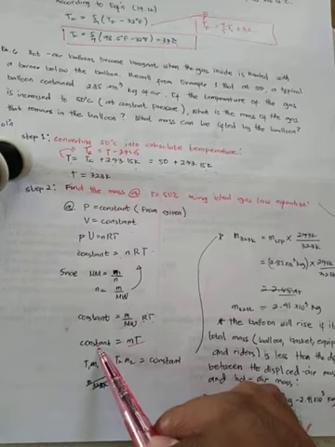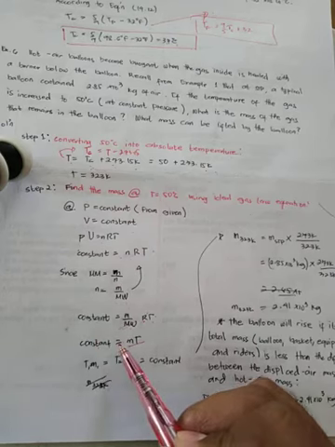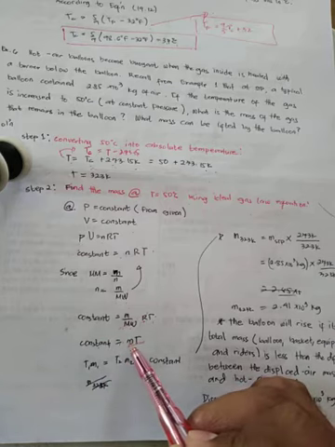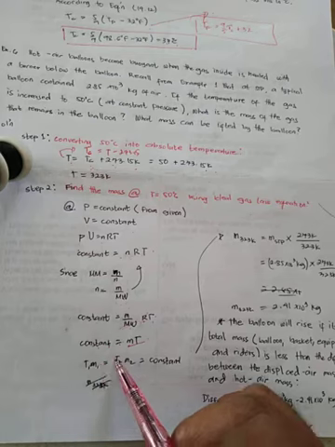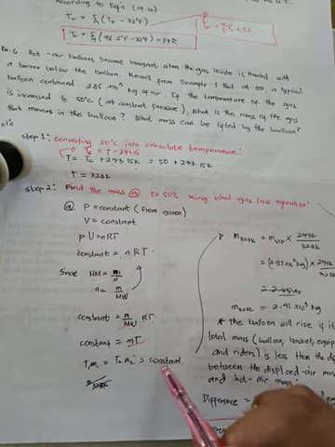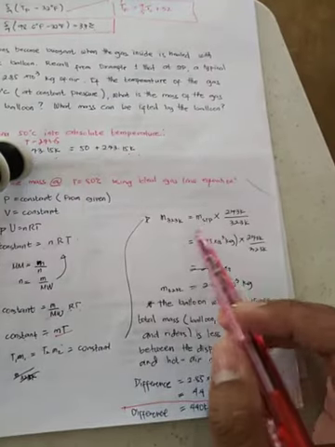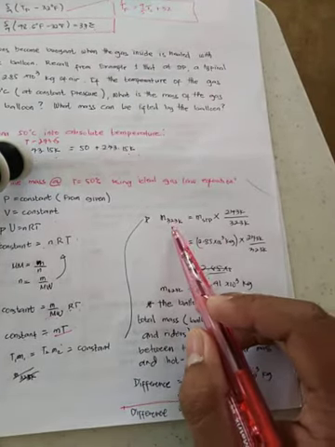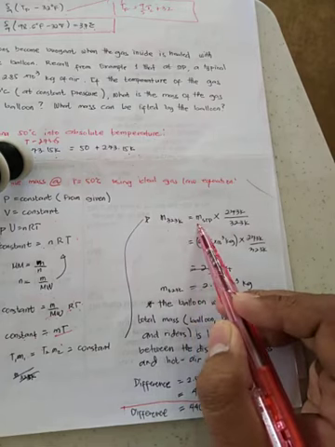Kagaya na sinabi ko, pag may constant ka dito, every phase, ibig sabihin yan is every phase, the multiplication of mass and temperature is constant. Kagaya ng dito, T1M1 is equals to T2M2, which is equals to constant. Okay, so manipulating that one, solving for mass at 323 Kelvin, so equals to mass STP.